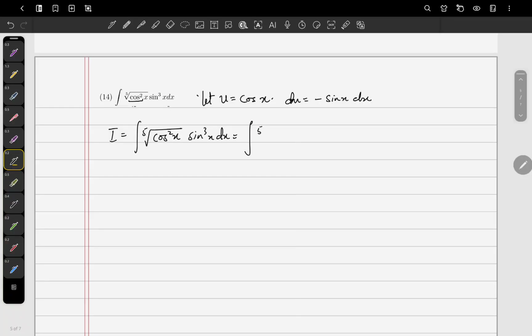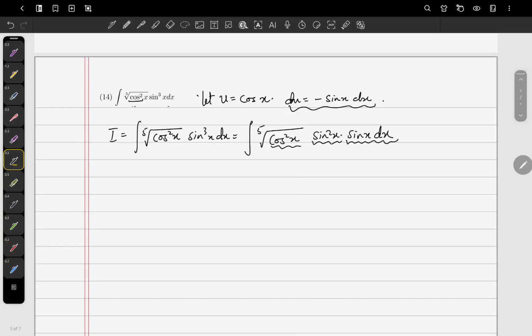So that will be the 5th root of cos squared x sine squared x times sine x dx. So we know this now relates to this. So that will change to the u. We know that this will change to u squared. So we need this one also in terms of u.